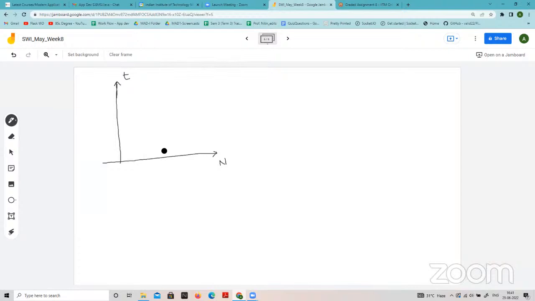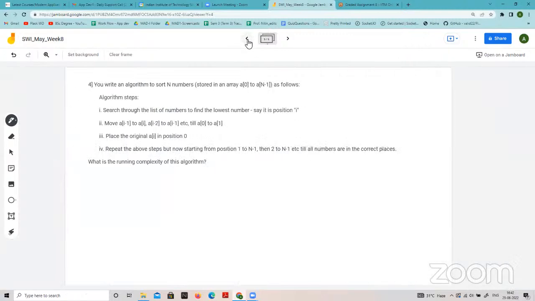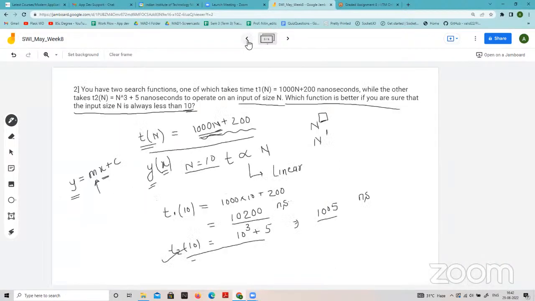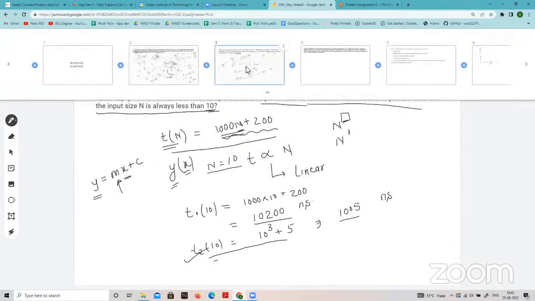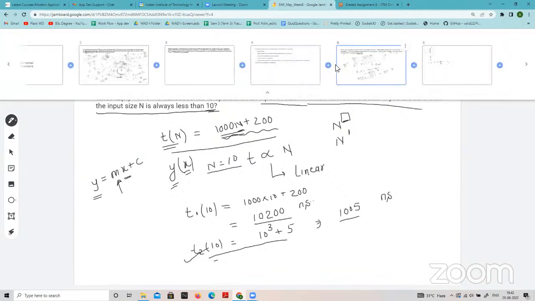So let's say I have a point 10. I'll move this slide here so that we can see.